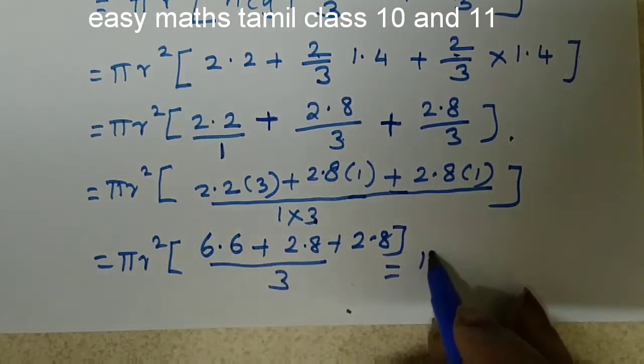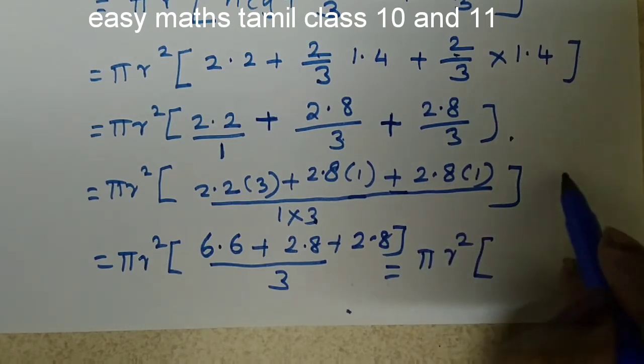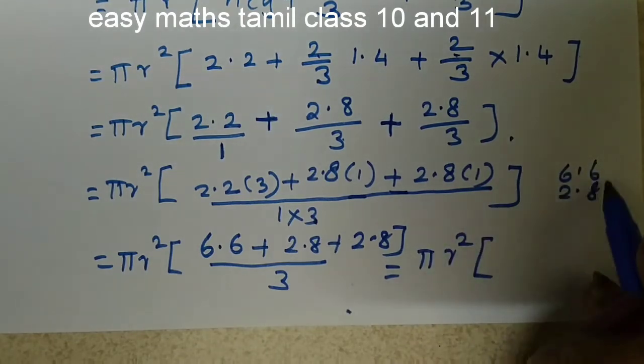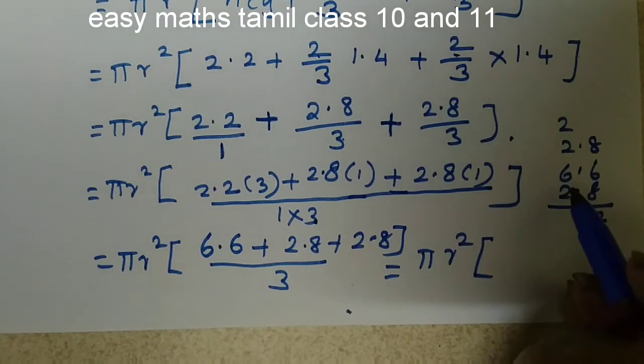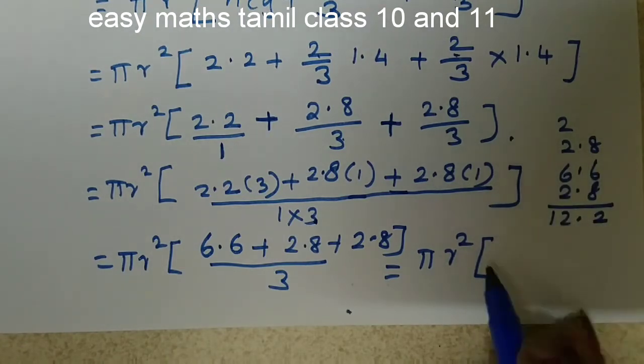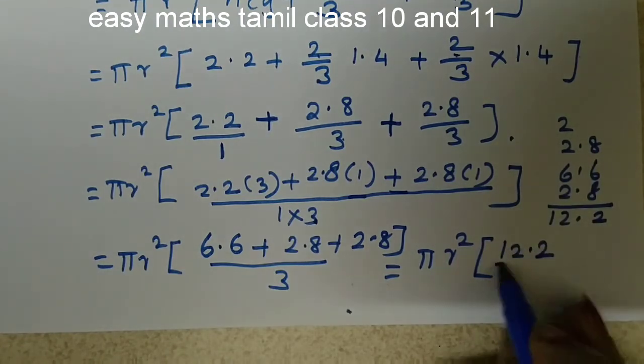So pi r square into 6.6 plus 2.8 plus 2.8, which is 12.2 by 3.